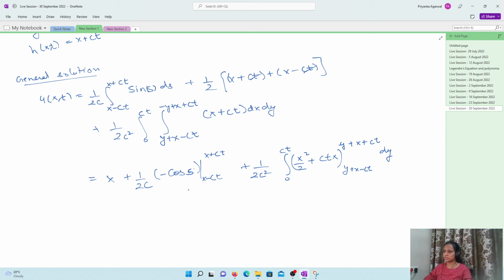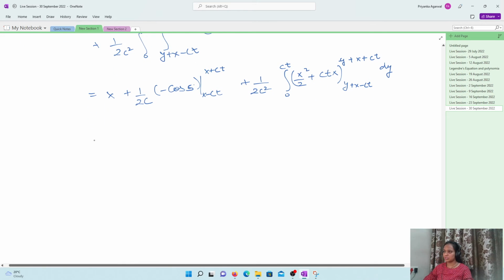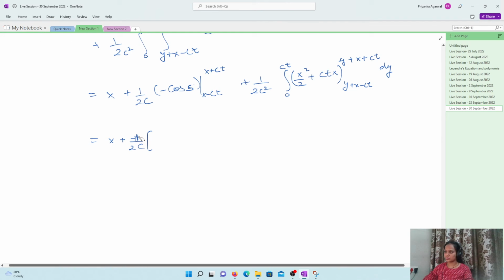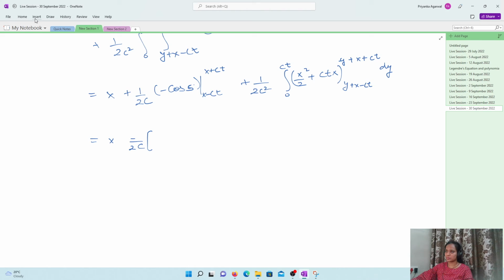So we have integrated with respect to x first. Then this becomes x minus 1 by 2c times cos(x plus ct) minus cos(x minus ct).